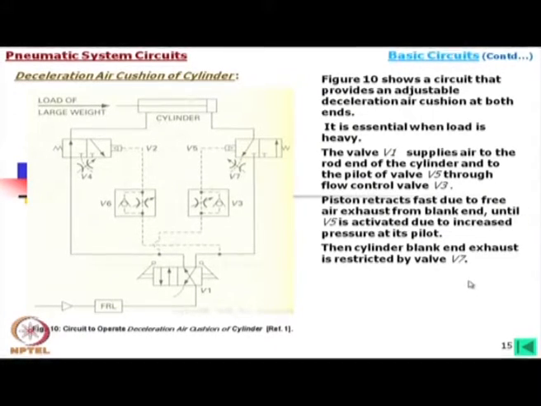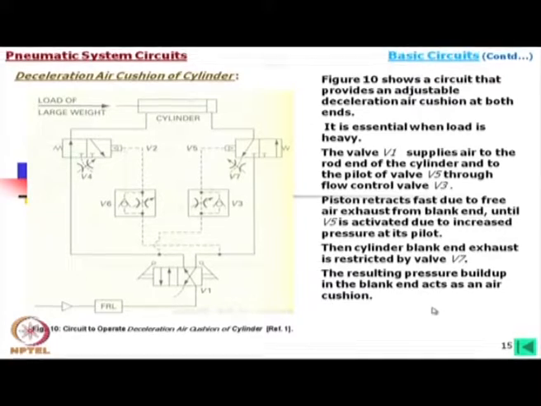Then the cylinder blank end exhaust is restricted by valve V7. The resulting pressure build up in the blank end acts as an air cushion.